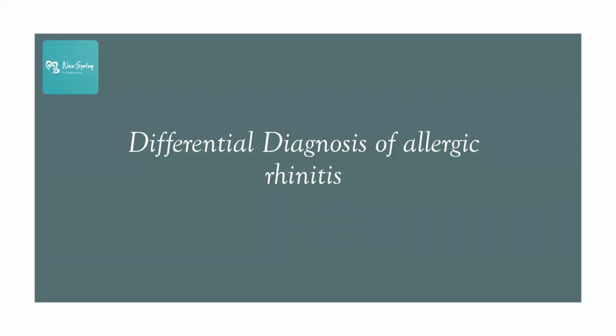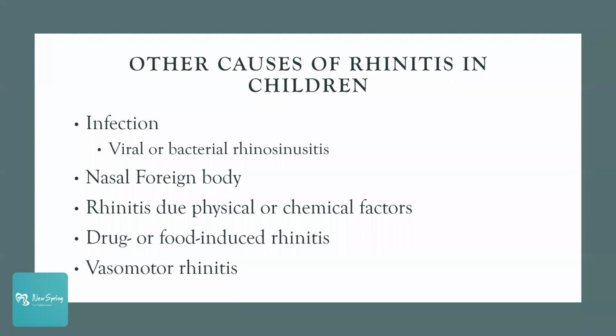So the last thing we're going to talk about is excluding other causes of allergic rhinitis, and this is by knowing the differential diagnosis of AR. Other causes of rhinitis in children are, the first thing, infection. You have to exclude that there's a viral or bacterial rhinosinusitis. You have to exclude a nasal foreign body, and you have to make sure that there is no physical or chemical induced rhinitis.